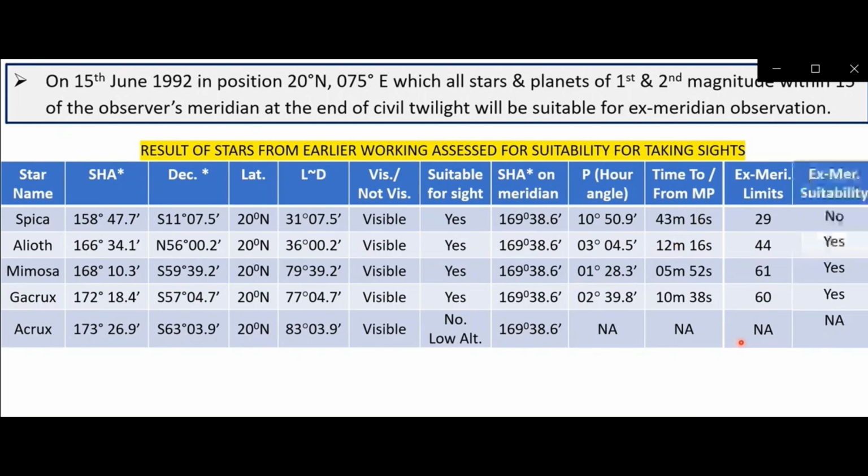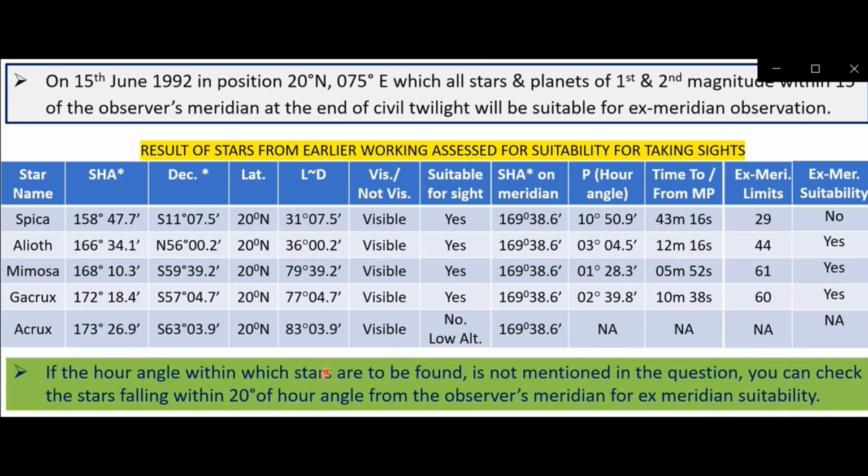And what do we find? Except for Spica, which is outside the ex-meridian limits, the other three stars, Alioth, Mimosa, and Gacrux, they all are within the ex-meridian limits, and therefore these three stars are suitable for ex-meridian observation.